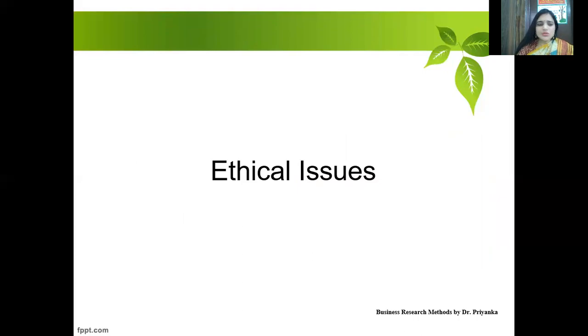How do ethical issues come up? Because it is the experimenter's duty to tell the subject that they are being watched. If you do not tell people that you are actually doing an experiment on them, then some ethical issues arise. It is your duty to tell people that you are observing them, because sometimes privacy issues also come up.